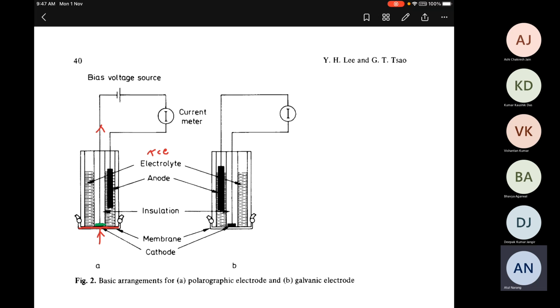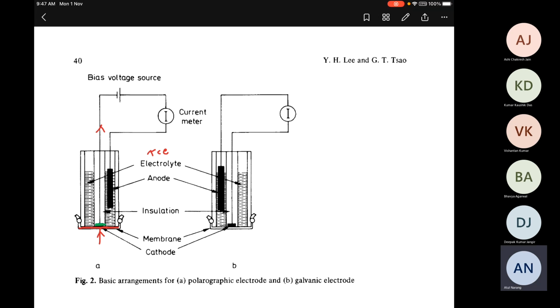You have basically dirty media. In the case of blood, you put this into blood, and the next thing you know, all kinds of crap deposits on the electrodes, and the signal goes to hell in a handbasket. So it was Clark's idea to put this membrane.